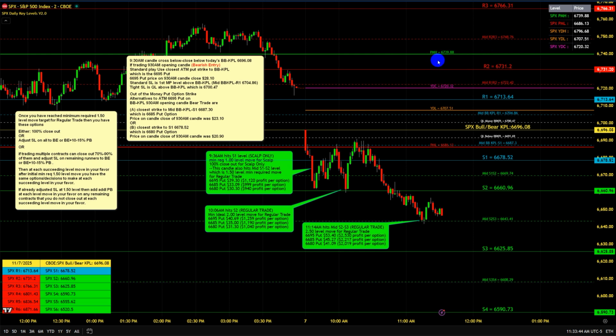What these levels stand for is this is the SPX pre-market high, the SPX pre-market low, the SPX yesterday's daily high, which is the previous day's RTH session high, the SPX yesterday's daily low, which is the previous day's RTH session low, then the SPX YDC, which is yesterday's daily close, the previous day's RTH session close.